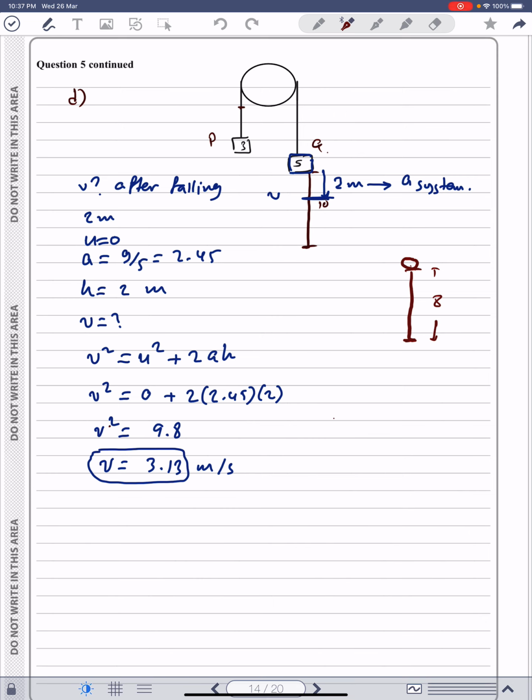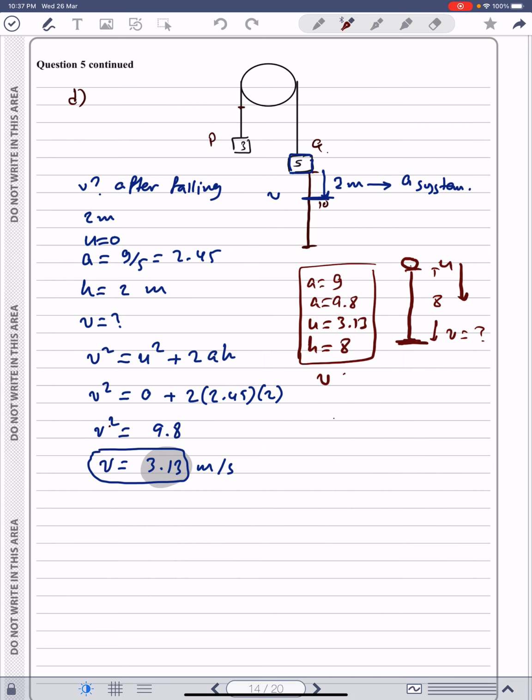So now the acceleration of the system is gravity, which is a equals 9.8. And what will happen to this, dear lovely engineers and doctors? V here is instantly U here. So U now is 3.13, h equals 8 meters. He wants V when it hits the ground.